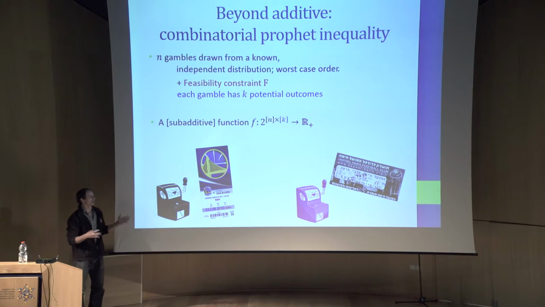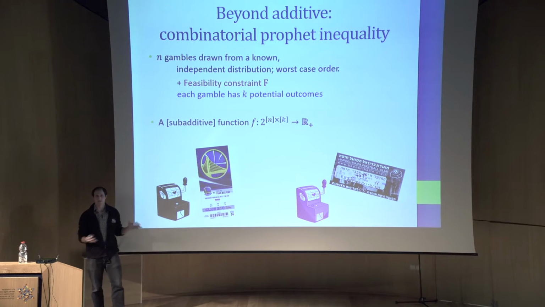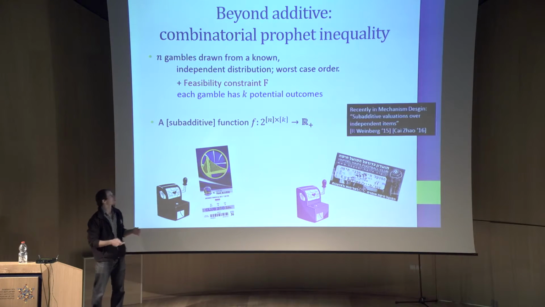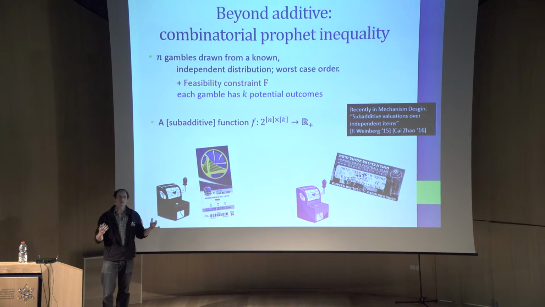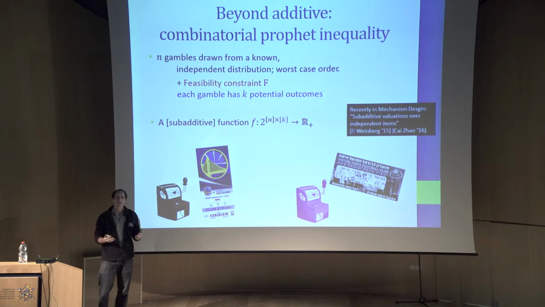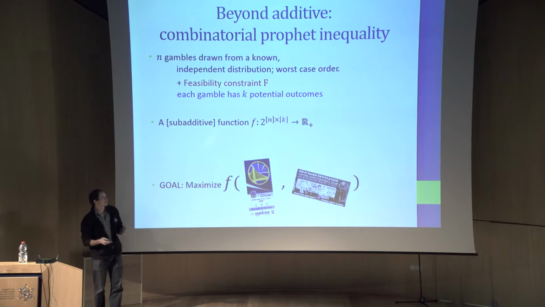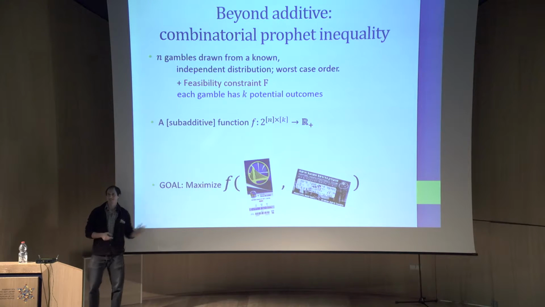And now my valuation function is, say, subadditive over the subsets of tickets to all the games possible. And recently we've been using a similar approach to model a buyer with subadditive but independent valuations over items. Questions about this new framework?